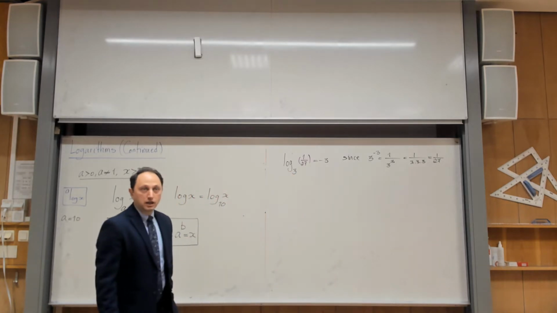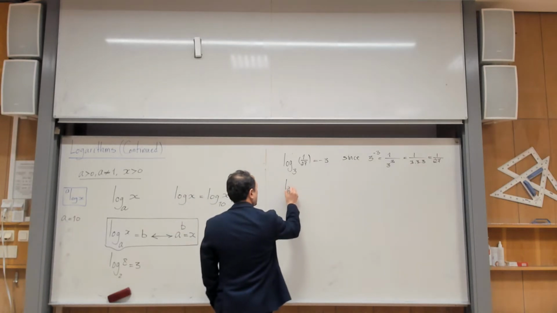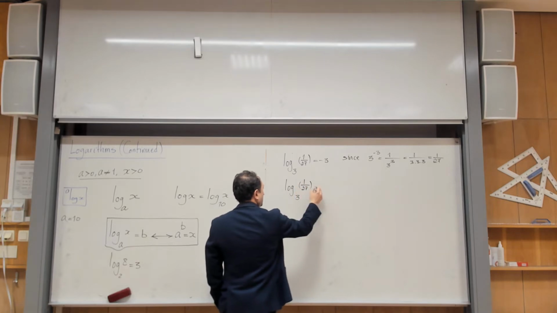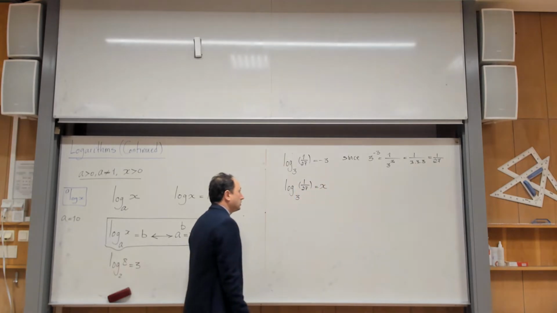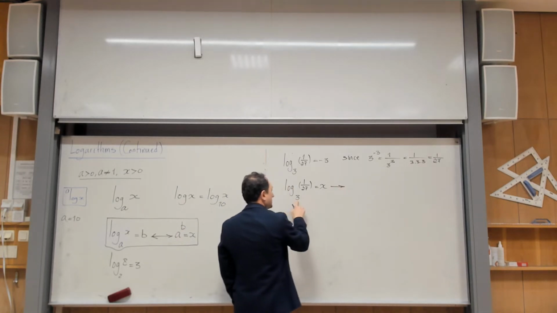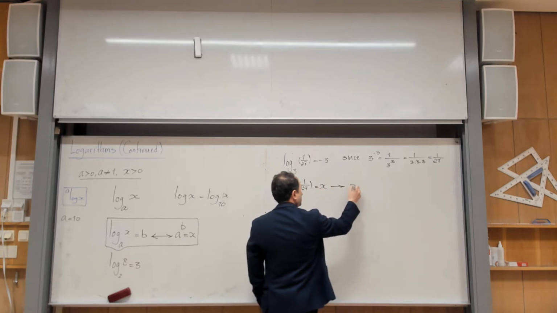If you can guess, this is the way that you do it. If you cannot guess, what do you do? You write it as an unknown. You say that, okay, what is this? So you call it x. Then this will tell you that this number to this power is equal to this number.